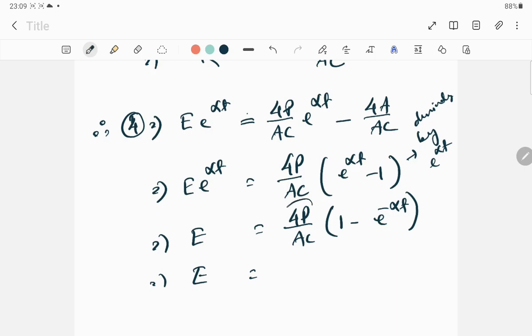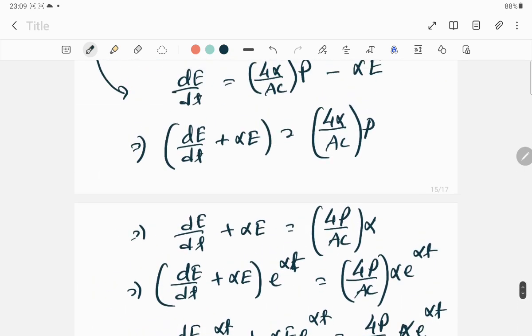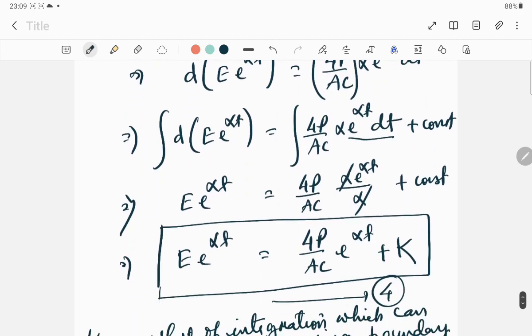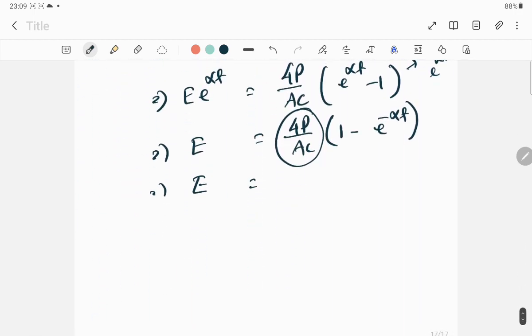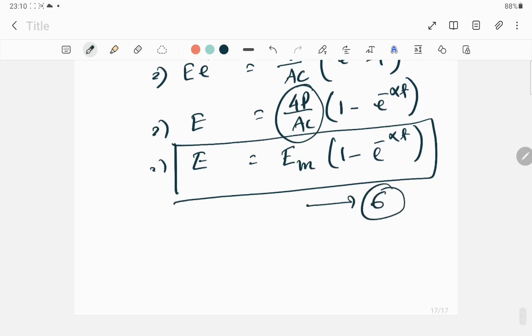If you look back, 4P/AC is nothing but EM, equation 3. So we have E equal to EM into (1 minus e to the power minus alpha t). This is the pattern in which the energy will grow.